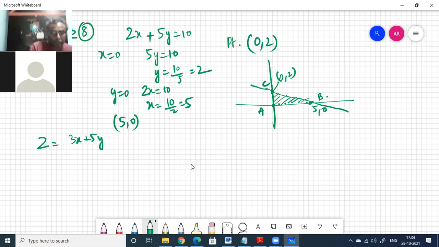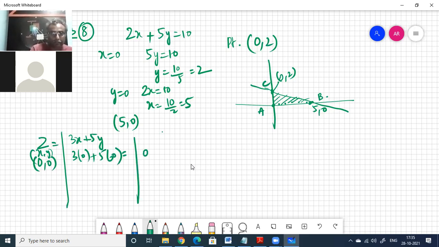First point is 0, 0. 3 into 0 plus 5 into 0 is equal to 0. Then z at 5, 0: 3 into 5 plus 5 into 0 is equal to 15.